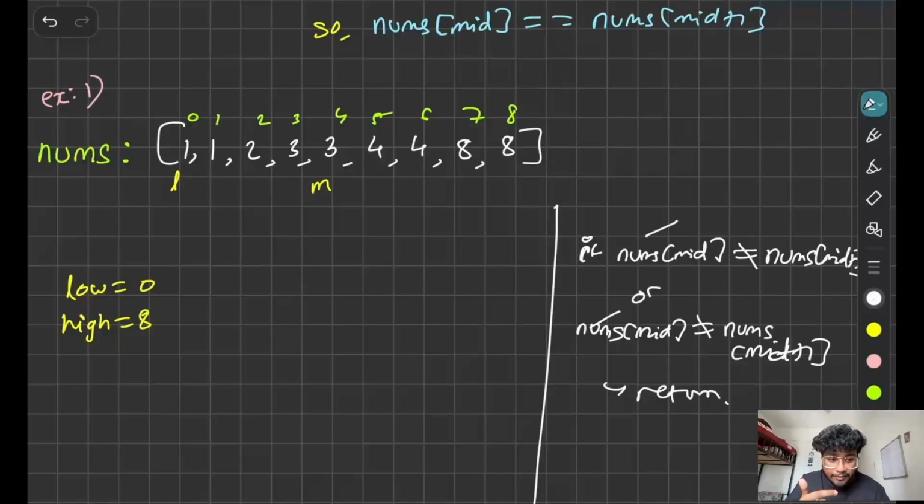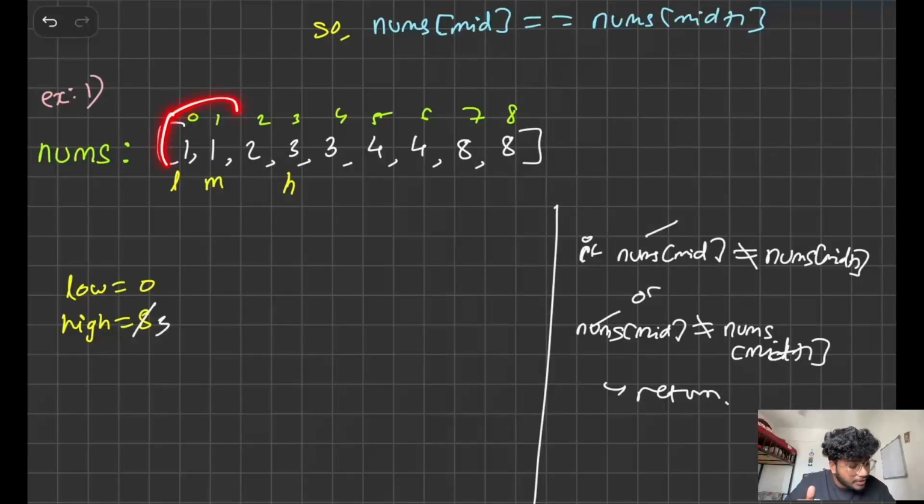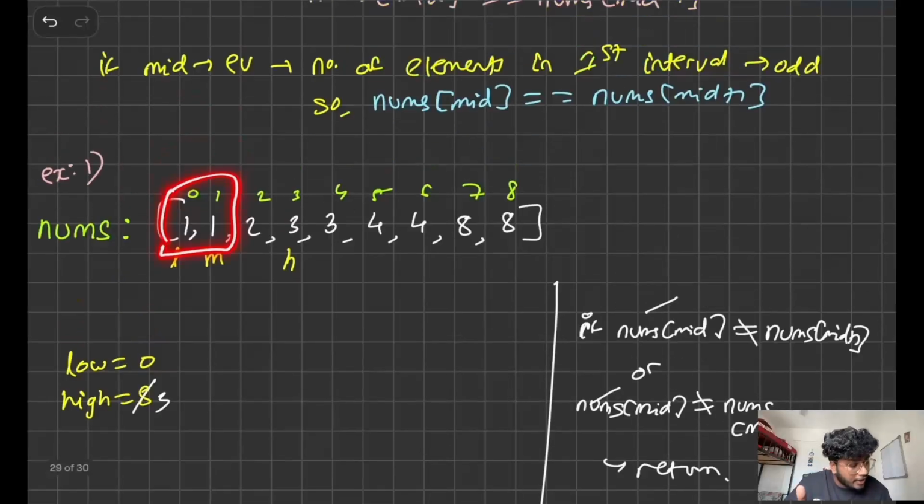To search the left half, I'll update my high pointer to be mid minus 1, which would be just high equal to 3, and high would be here, right? So let's search again. Now my mid would be this. My mid is odd, let's consider this index.